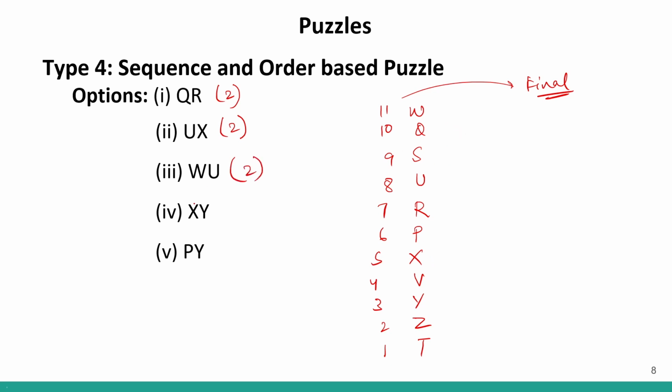X and Y have one person between them. And P and Y again have 2 people between them. So clearly X and Y is the one that is different because it has only one person between them, whereas in each other option there are 2 people between the first element and the next element. So the answer will be option number 4, X, Y.